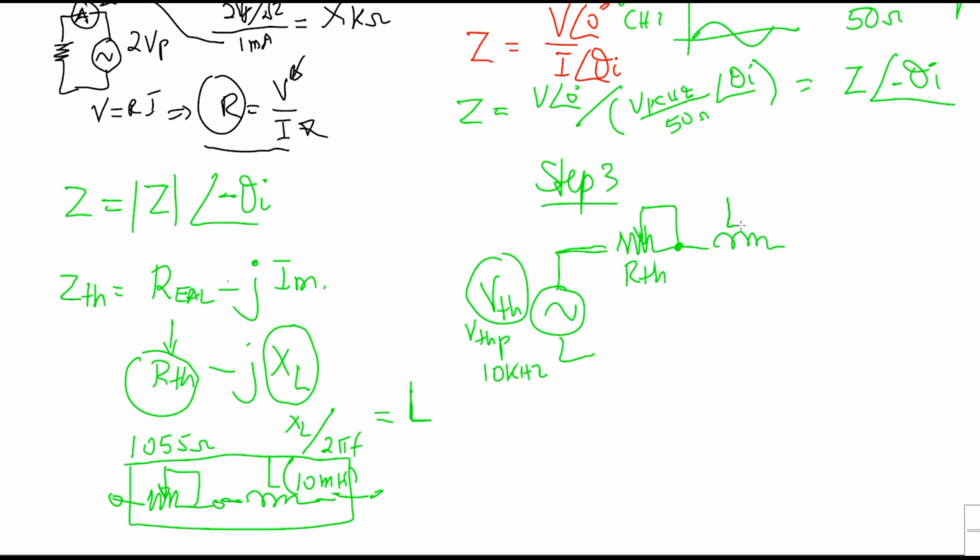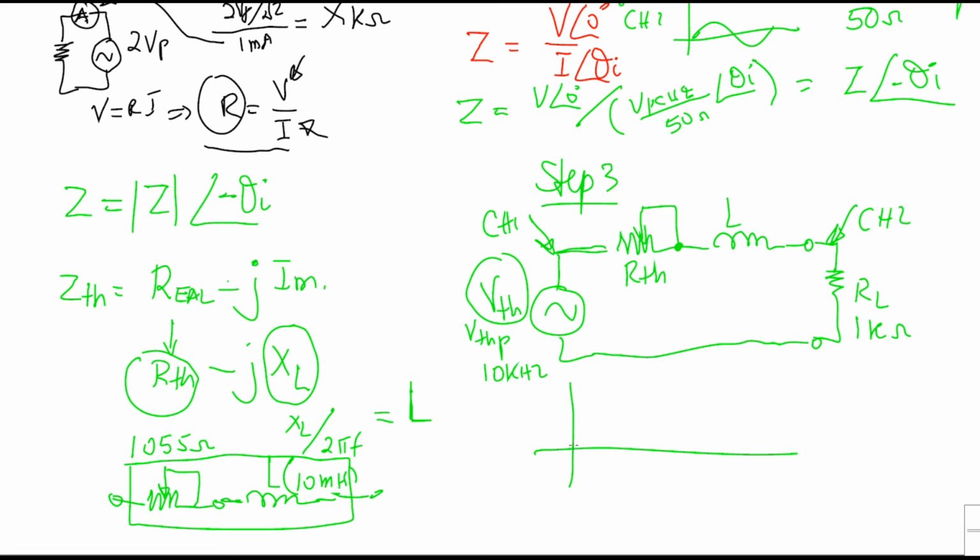inductor L. And now we put back our load. This is RL, the 1 kilo ohm load, and we do the same thing, 2 channels, channel 1 here, channel number 2 on this side. Both of them will show two signals, shifted, of course, since we have L in our circuit.